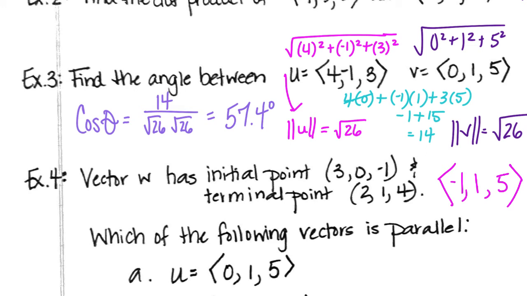Which of the following vectors is parallel? Well, they would have to be parallel if they were the same line just moved. So kind of think about slope, okay? If they have a drawing in your book, I'll just draw it right over here.